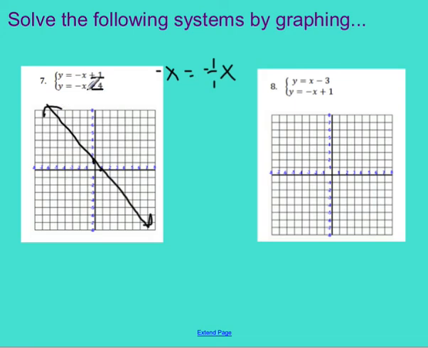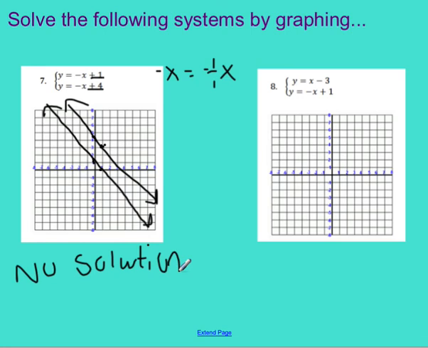Same thing for this one. I'm crossing at 4, down 1 over 1, graphing that line. So those are never going to cross. It's a railroad track. Think of if you're driving down a railroad, all of a sudden the two tracks cross. You have a problem, right? Because the train's going to crash because we no longer have a track. So these are never going to cross. So we have no solution.